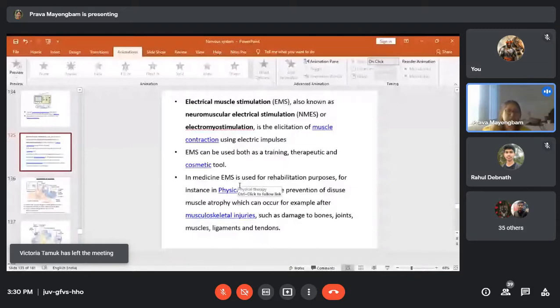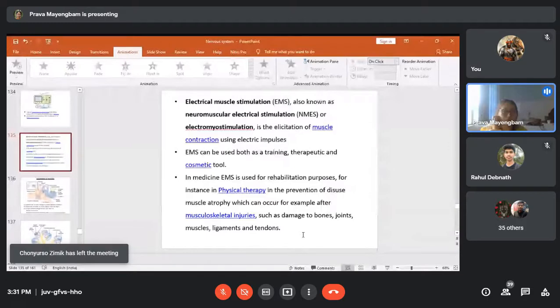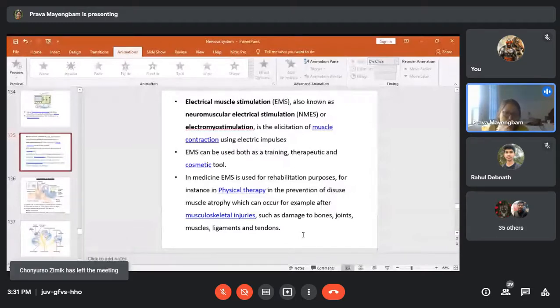In such conditions, electrical muscle stimulation is quite often used. For damage, and for exercises in the rehabilitation centers, those kinds of situations use this muscle therapy in the form of electrical muscle stimulation, or electromyostimulation, for muscle contraction.